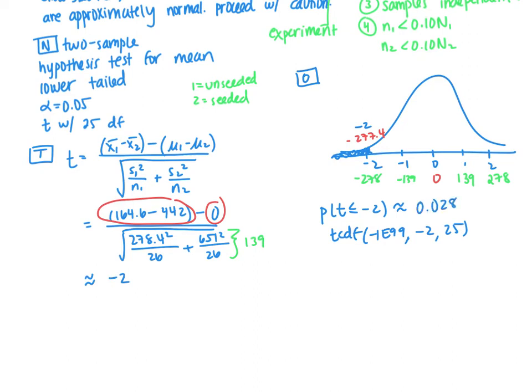And you should get about 0.028. Okay, so then making our decision, that value is less than 0.05, so we're going to reject the null.